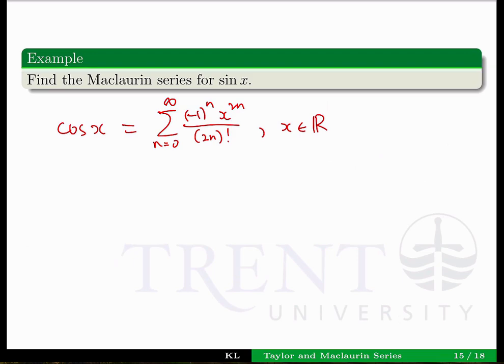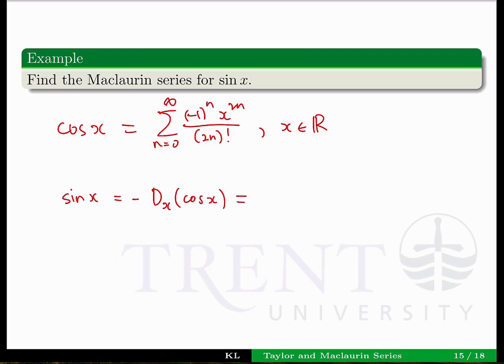We know that the derivative of cosine x is negative sin x. So sin x is equal to the negative derivative of cosine x.